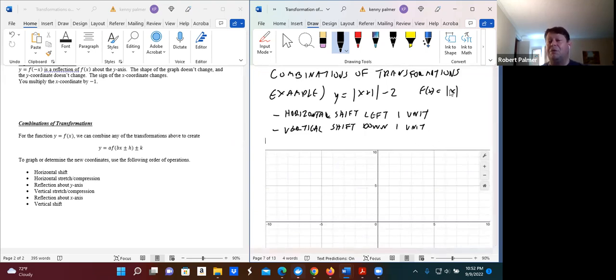If we remember the absolute value, it starts off at a point at 0, 0, for example. Then let's pick 5. So it goes to 5, 5. That's another point on that graph, because if x is 5, y is 5. And then negative 5, 5. If x is negative 5, that becomes 5.